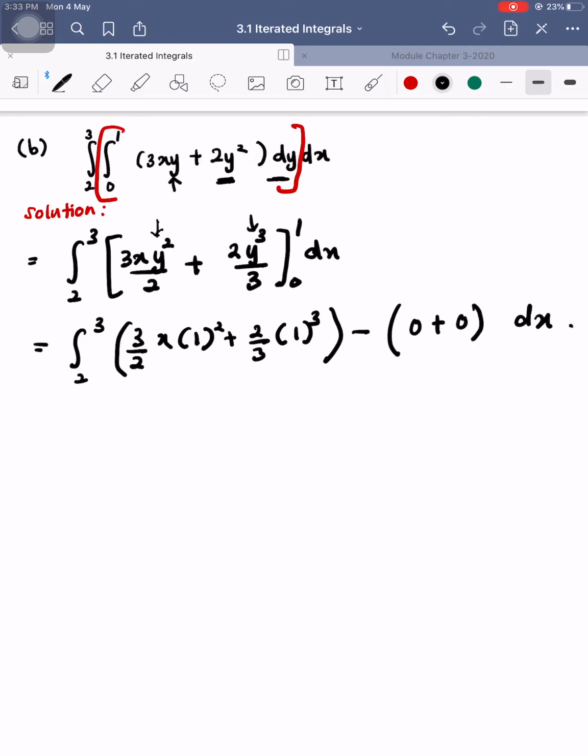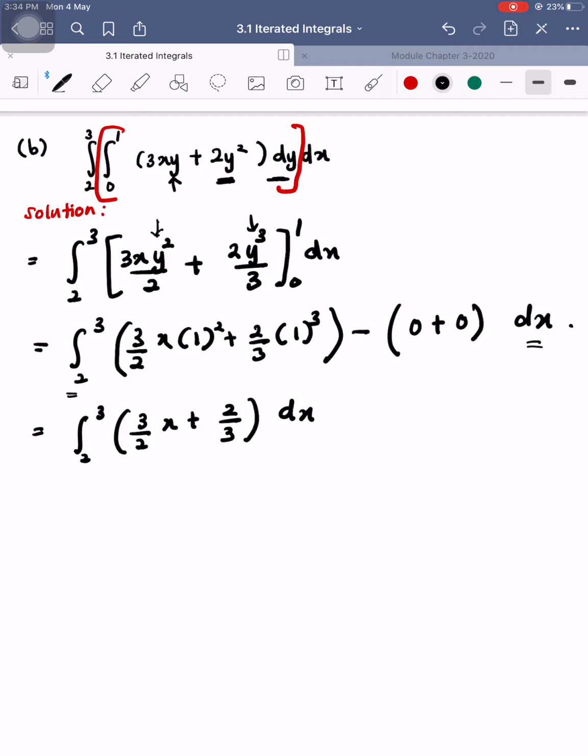With respect to dx, we always copy the outside integral because we haven't integrated it yet, until you integrate the dx. Next, you simplify, you will get the integral from 2 to 3 of 3 over 2 x plus 2 over 3 dx.